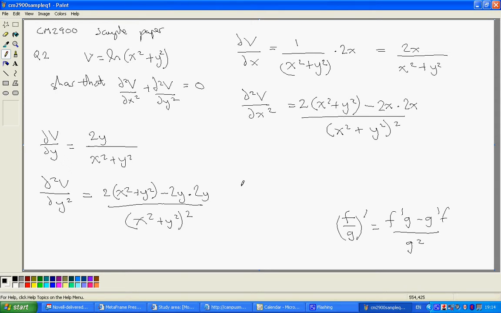So we were invited to show that the sum of these two second order partial derivatives is equal to 0. Well, just shift things around slightly here.